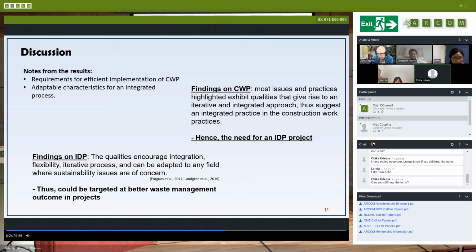Findings on IDP revealed some qualities that encourage integration, flexibility, and iterative process, which can be adapted to any field. Such qualities could be targeted at better waste management outcomes in projects, hence its use for the implementation of CWP.